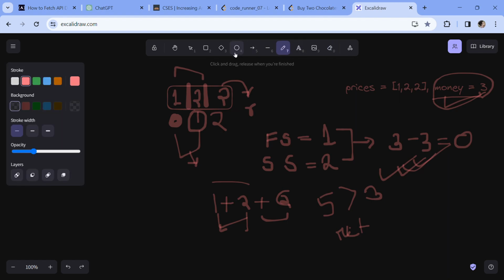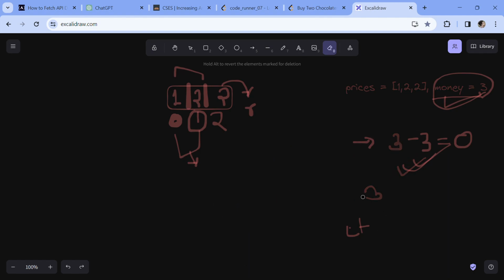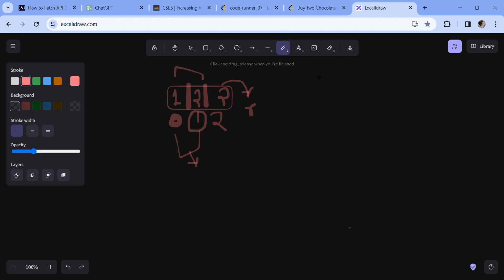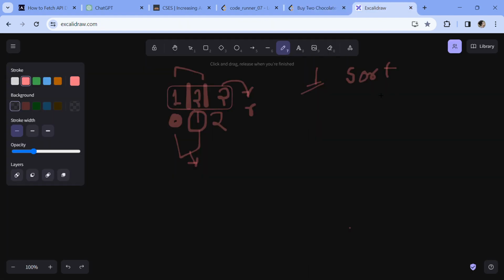So there are two approaches. Let me discuss the first approach, approach 1. Step 1 will be simply to sort the given price array, the price vector.